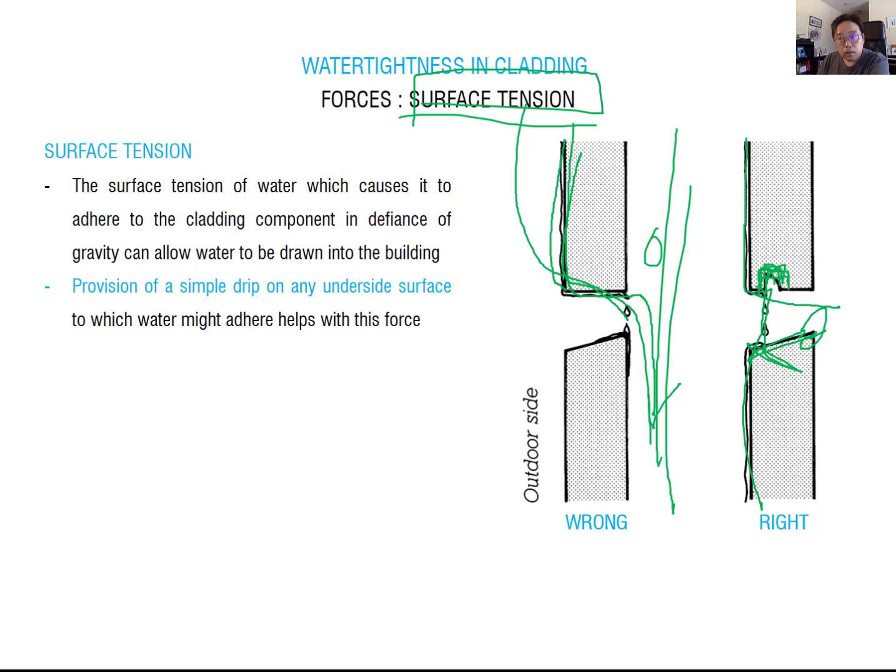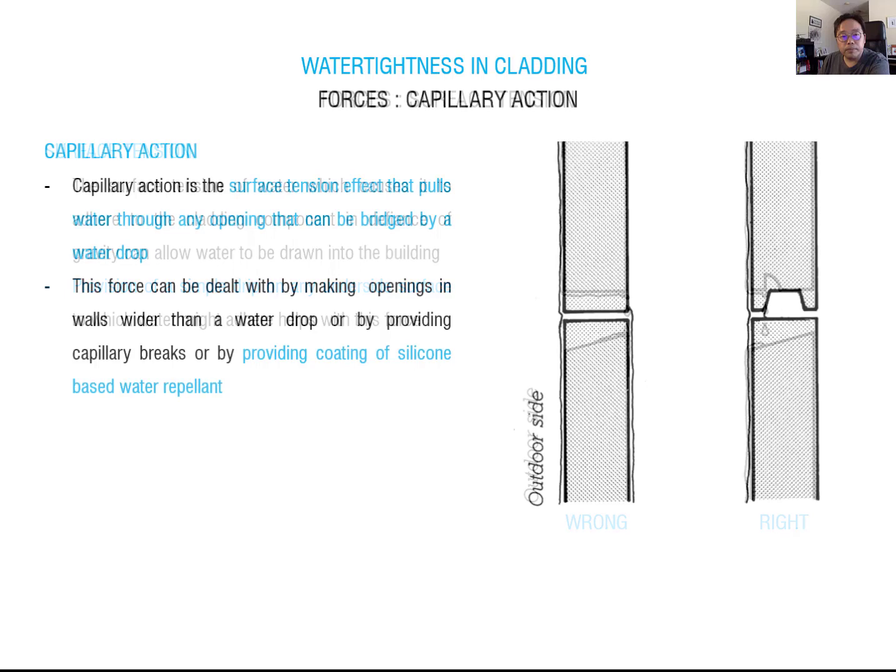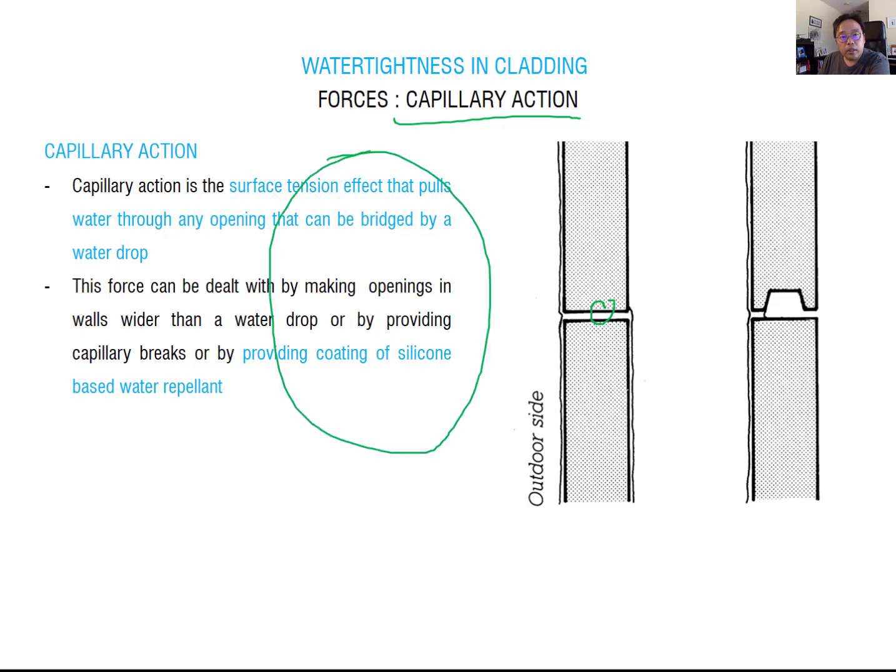So we have a lot of different forces to consider when designing your cladding, and you have to provide these types of details when you design the cladding system. Next one is capillary action. What is capillary action? Usually air is lacking in narrow spaces. Higher air pressure keeps pushing into this lower space.